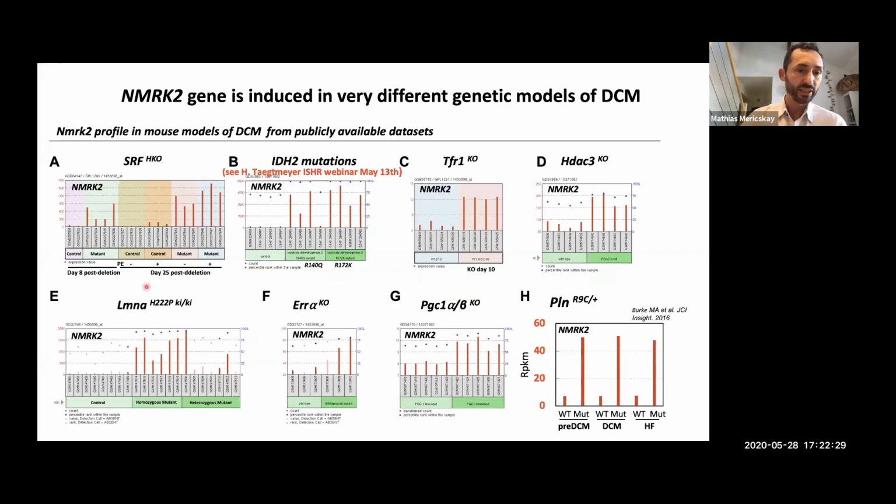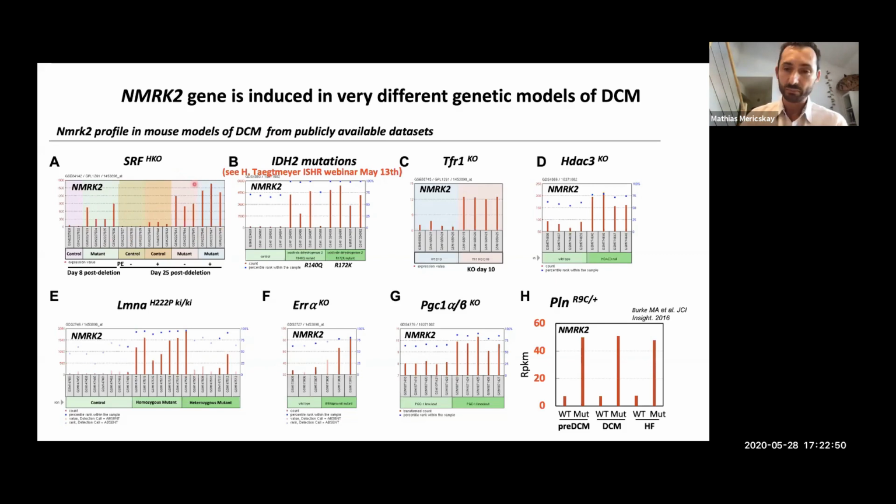As you can see here, this is our own transcriptomic screen, available in the GEO database, where we see that NMRK2 is induced at an early, pre-symptomatic stage, just 8 days after deletion of SRF, and it rises at 25 days and further at later stages when the dilated cardiomyopathy is really installed.